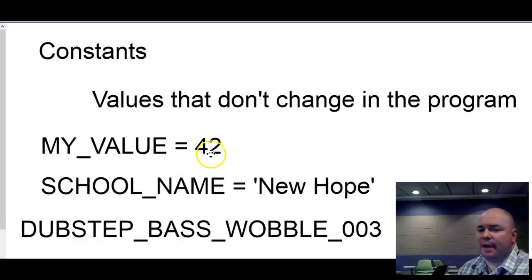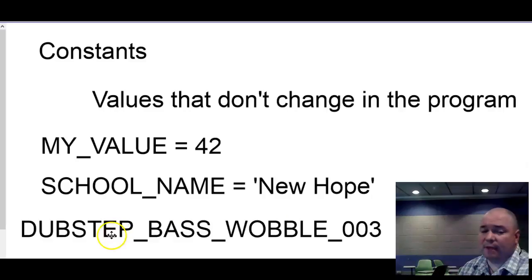And it needs to be a value that's not going to change at all during the program. It's a value that stays the same. So for example, if I had a number and I wanted to store the number 42 in it, I would say MY_VALUE equals 42. If I wanted to store our school name in a variable that stays the same the whole time, I would use SCHOOL_NAME.